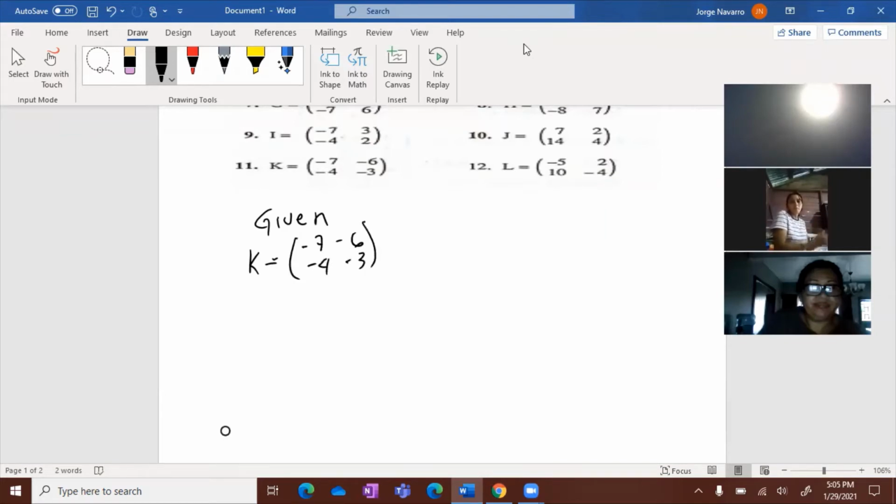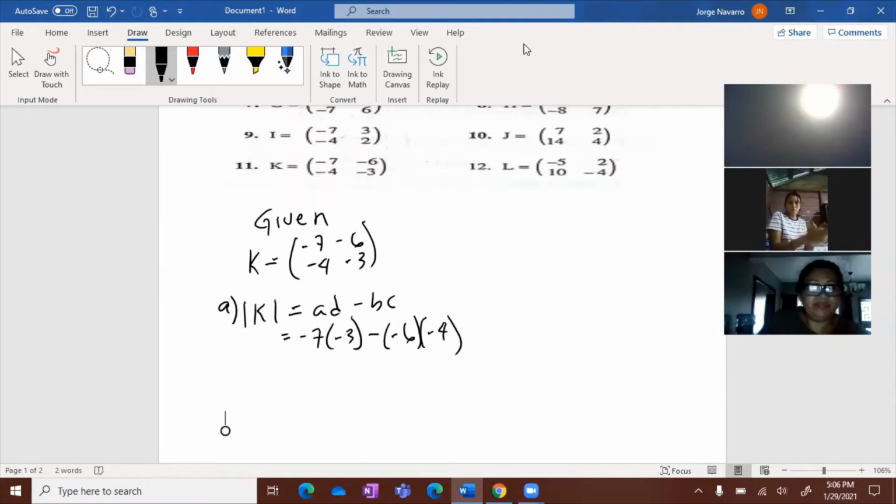And we're looking for the determinant, which is AD minus BC. So it's going to be -7 times -3 minus -6 times -4.